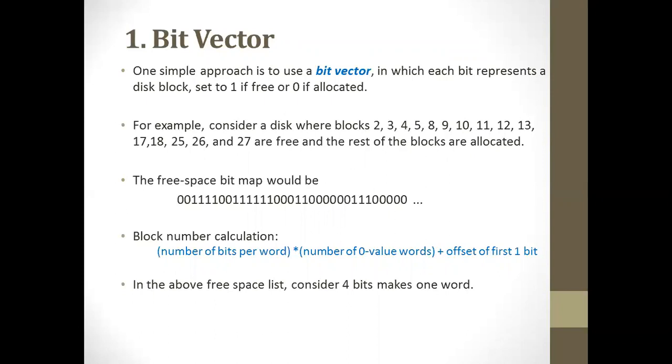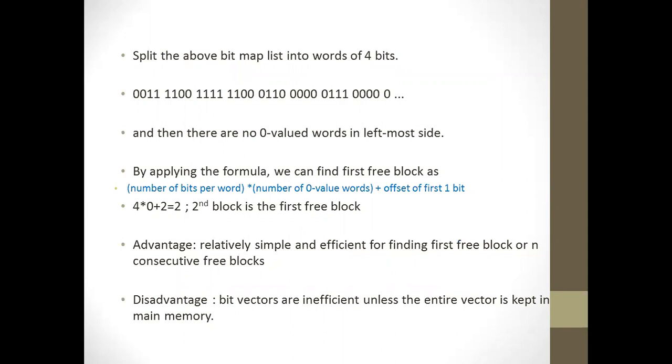To calculate the block number, the formula is number of bits per word times number of zero-valued words, plus the offset of the first 1 bit. In the above free space list, consider 4 bits making one word. Split the above bitmap into words of 4 bits. Then there are no zero-valued words on the leftmost side.